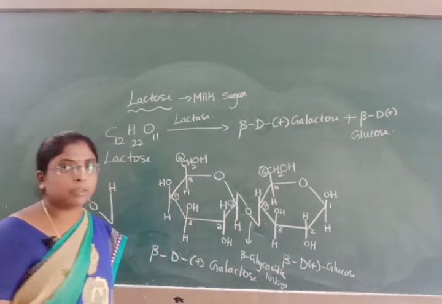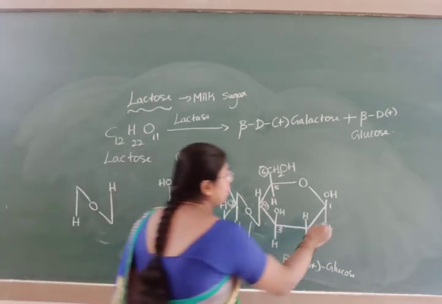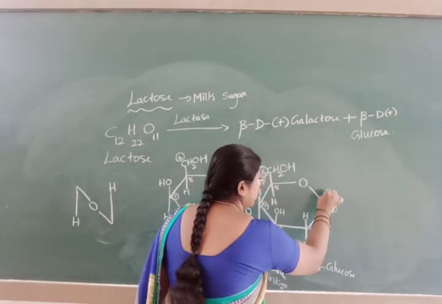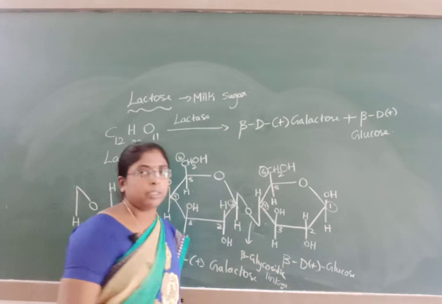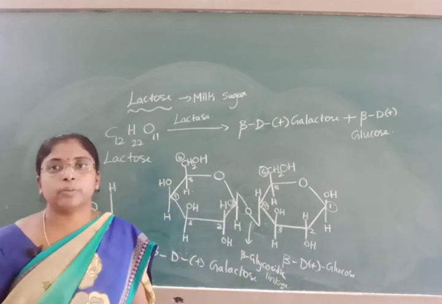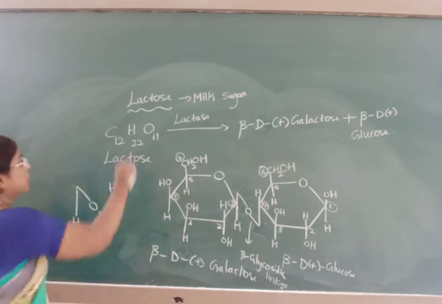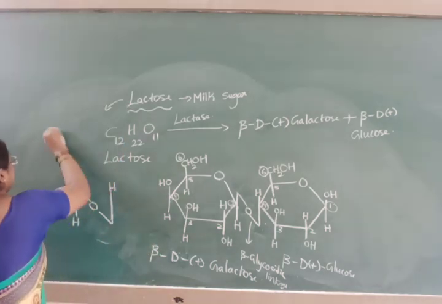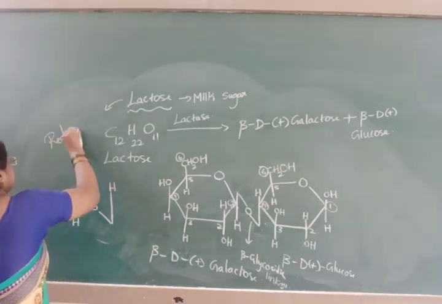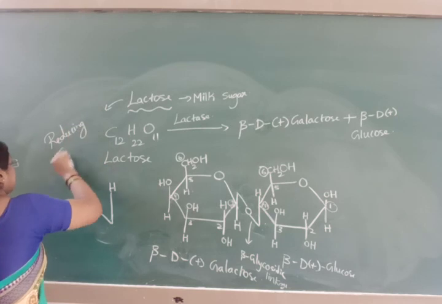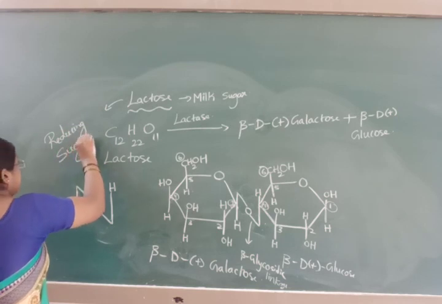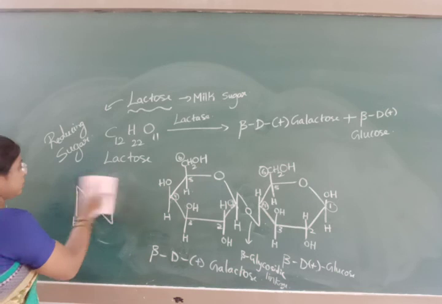Here if you observe, C1 of this glucose has OHH. It will rearrange and form a free aldehyde group. Hence lactose is a reducing sugar. Maltose is a reducing sugar. Among these three disaccharides, which is not a reducing sugar?